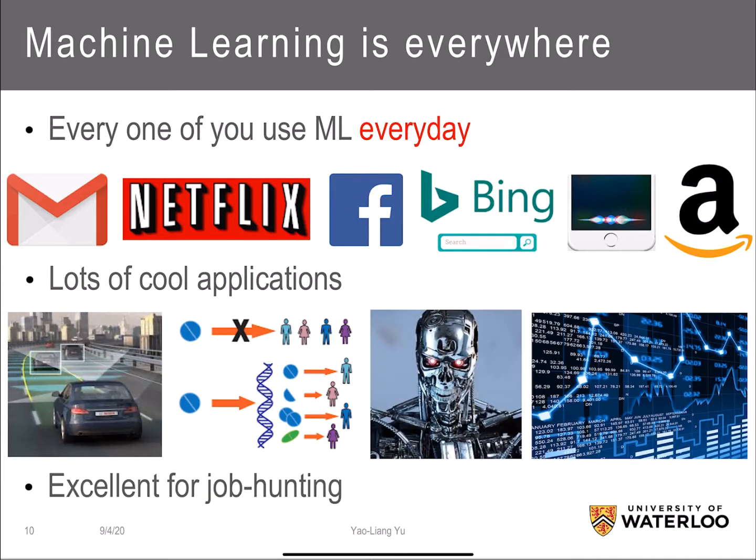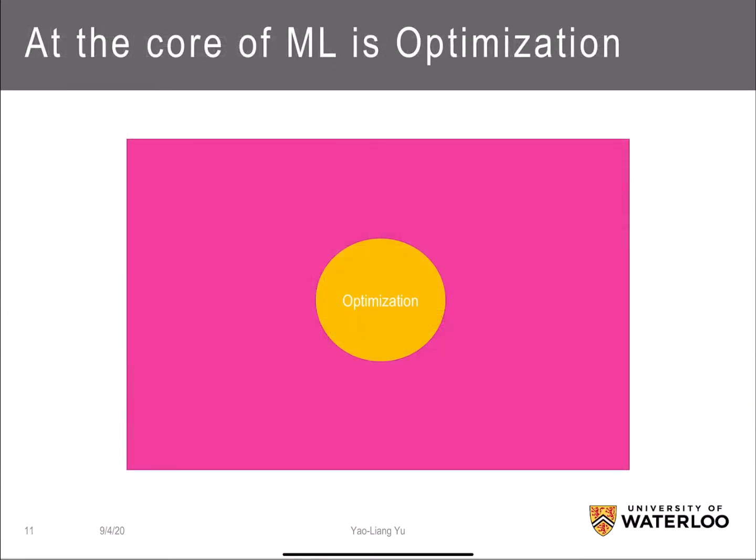Okay, and of course, machine learning is also important for finding a job in data science, and I'm sure you know all that. So at the core of machine learning really is optimization, and this is our focus in this course. Okay, we're going to talk about how to optimize machine learning algorithm or machine learning models. We're not going to spend much time on machine learning itself, but on the optimization aspect of machine learning.